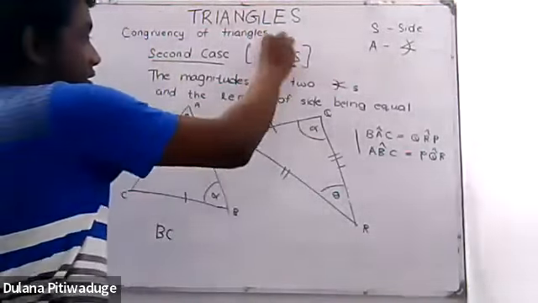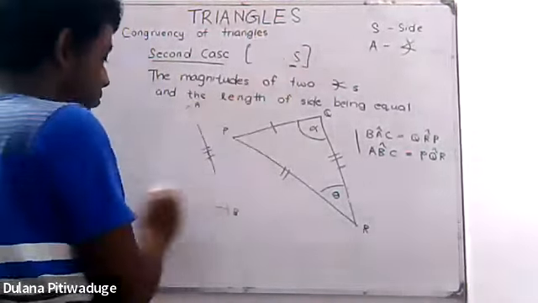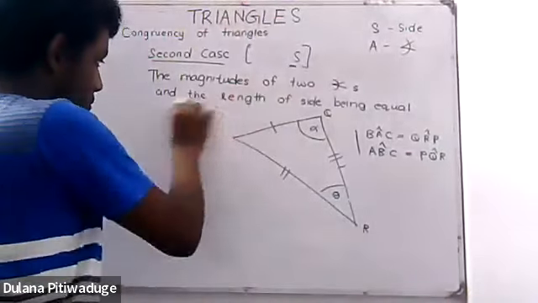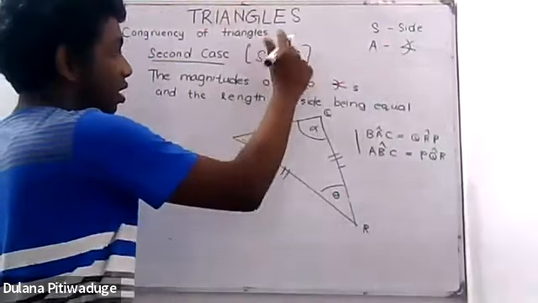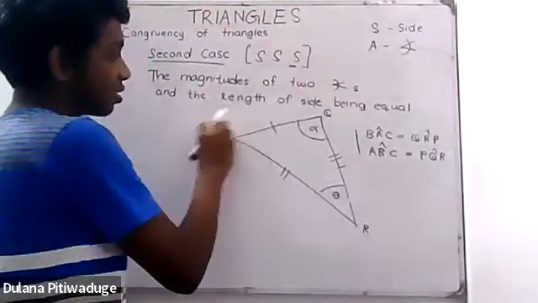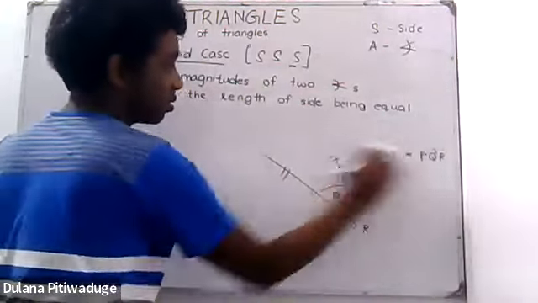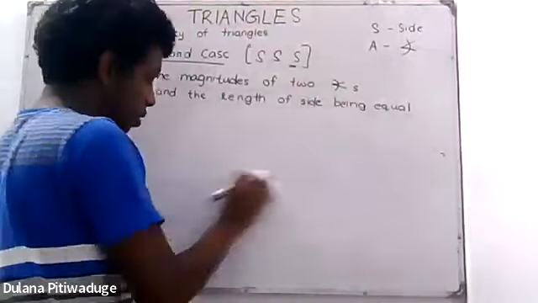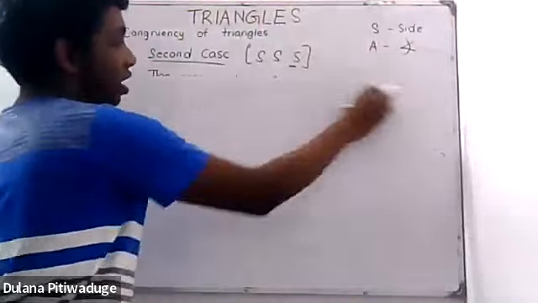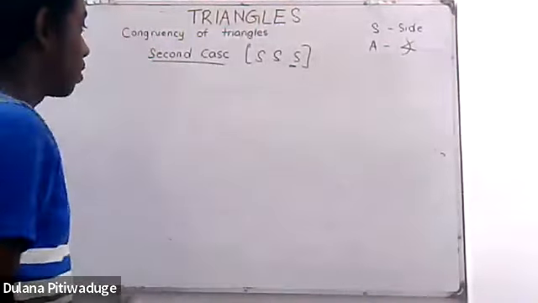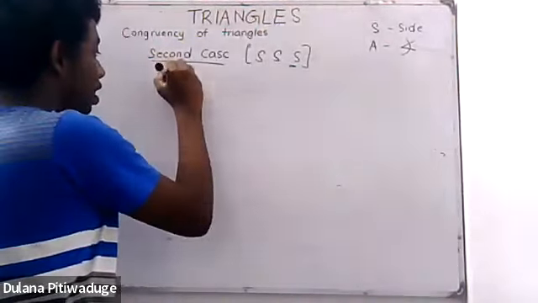And the third case, which is a simple case, it's S, S, and S. Simply, it's the case where the three sides of the triangles are equal.